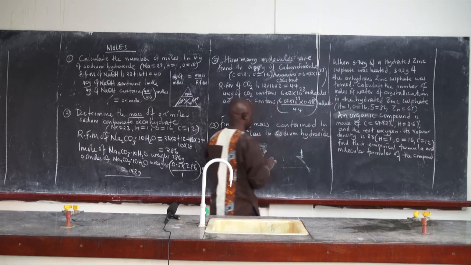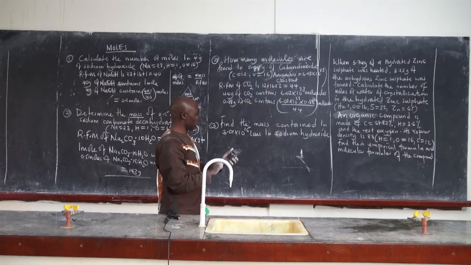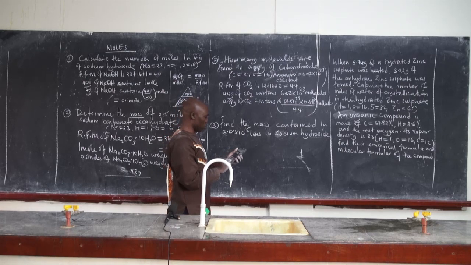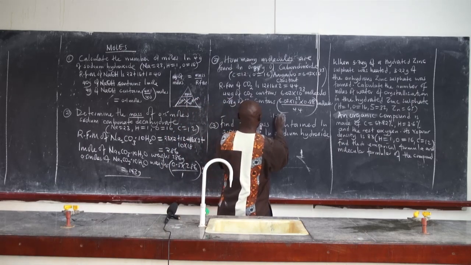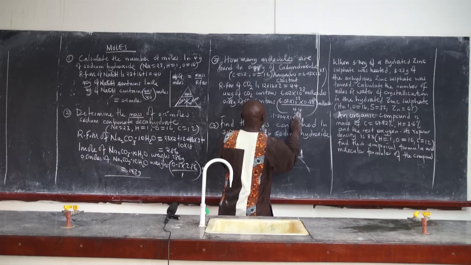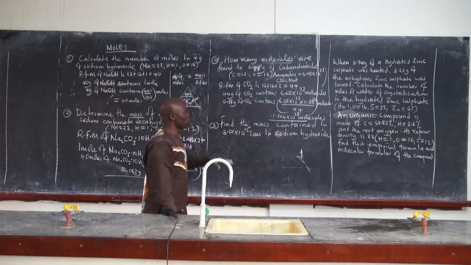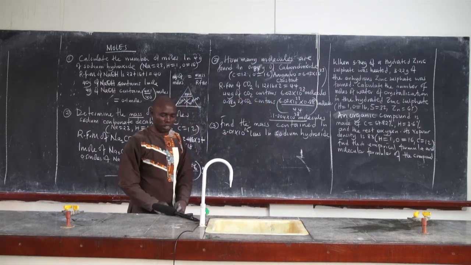So this right away gives us, punch into your calculator, 6.02 exponent 23 times 0.88 divided by 44. This gives us 1.204 times 10 power 22 molecules here. So you can pass by also the other alternative method.